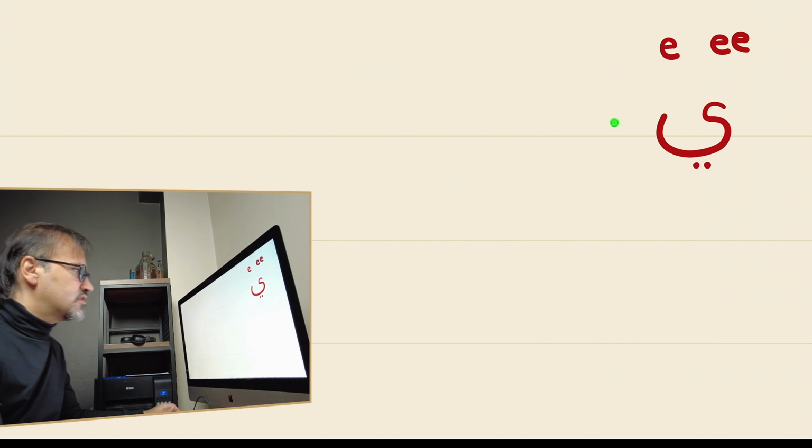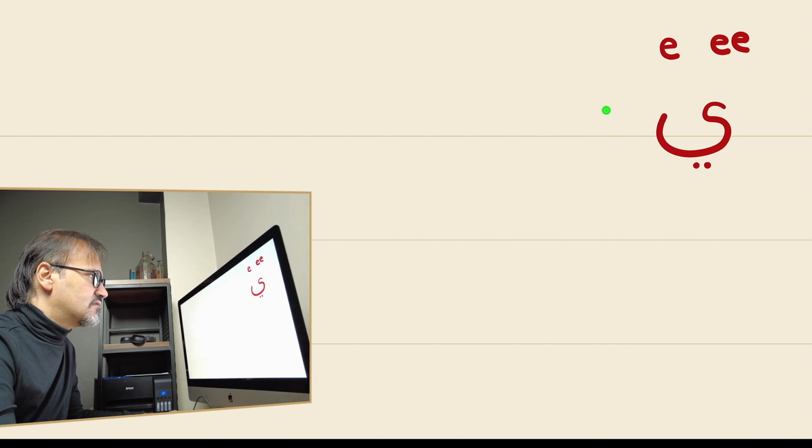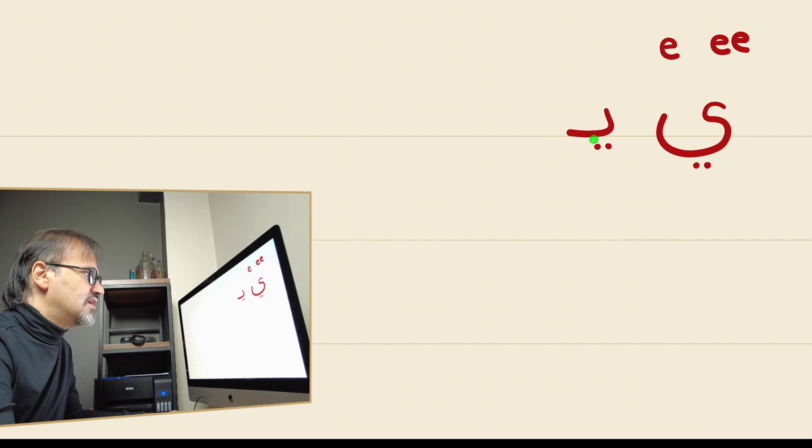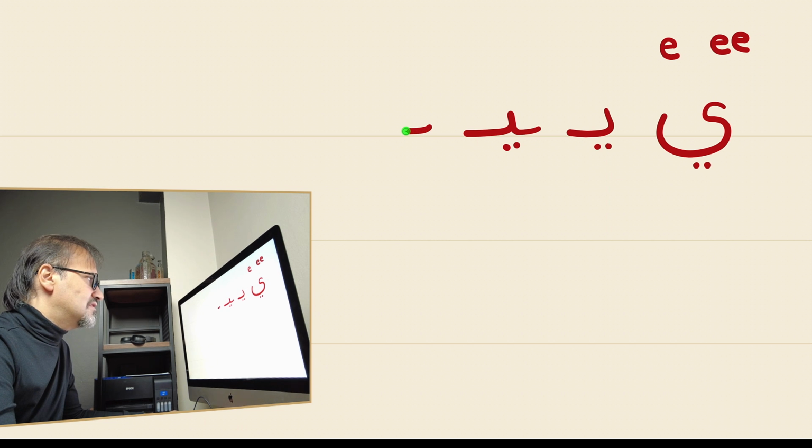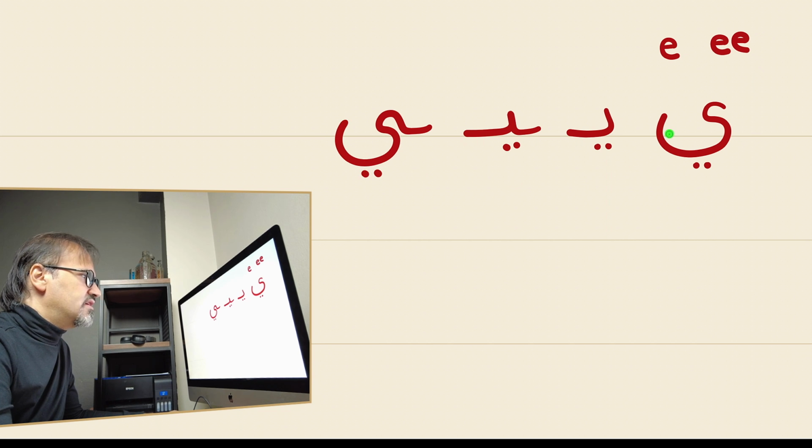So how does this look when it comes at the beginning? Very straightforward. It's this shape that we've seen with other letters, the ye. And this is how it looks in the middle. And this is how it looks in the end. In the end, the original shape shows up again. Okay, so this is the ye.